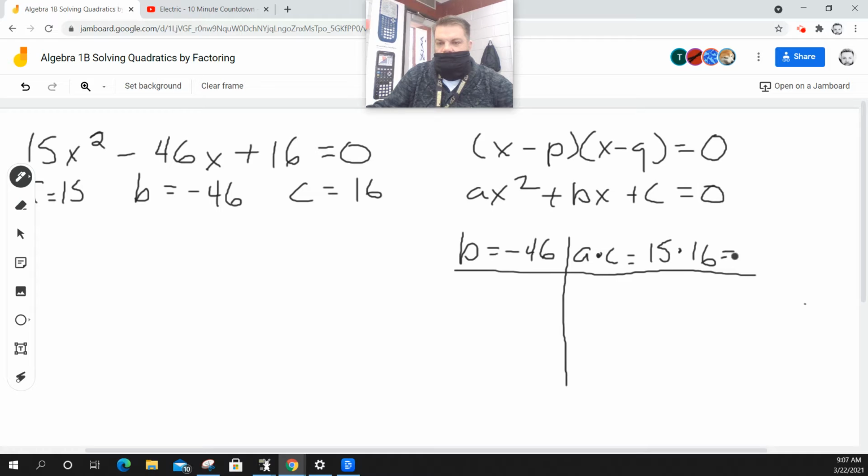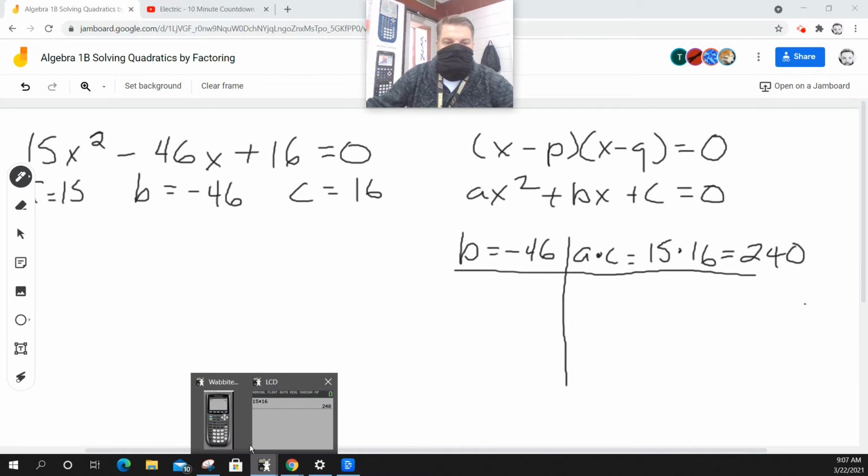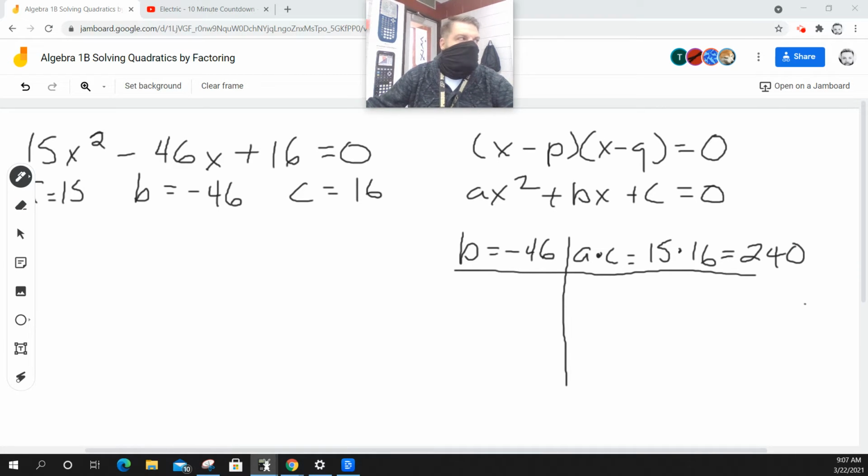So two numbers, when I multiply them, they equal 240, but when I add them up, they equal negative 46. So it's going to be like maybe 20 times something or something. I don't know. So the best thing to do, let me show you a little trick here. There's two tricks that involve a graphing calculator, okay?